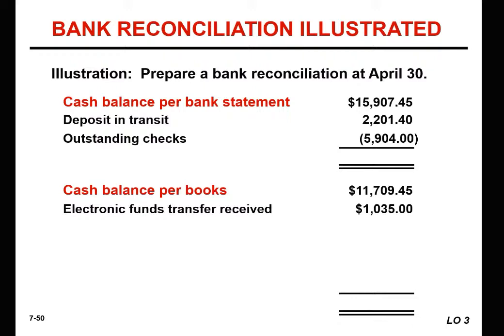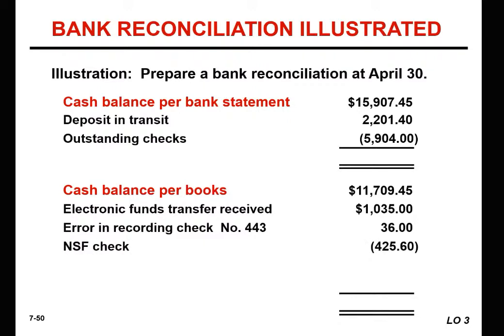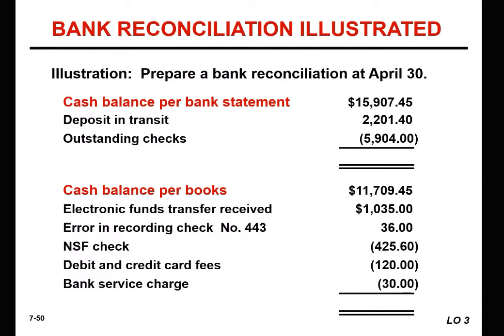So these had not been recorded in our books yet. We have the error, so we need to correct check number 443. We need to remove the NSF check that was received for $425.60. We need to remove our debit and credit card fees and our bank service charges.